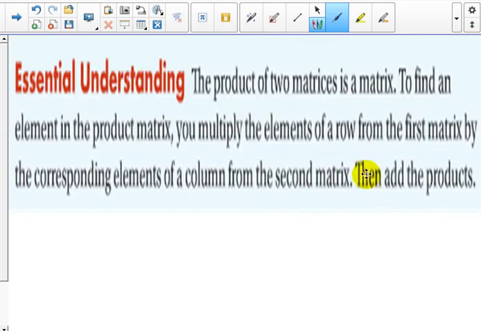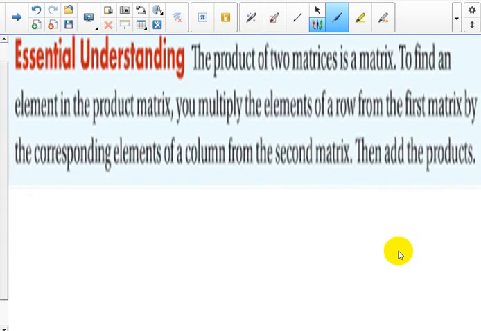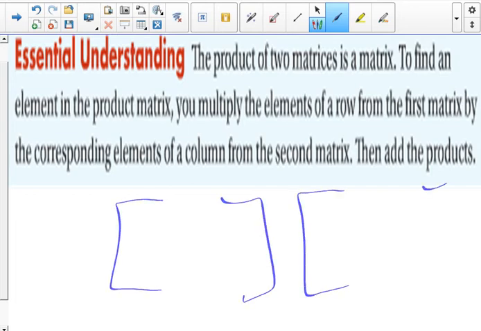All right, so now we're going to get into something a little more tricky. This is about multiplying matrices. When you multiply two matrices, we have to find them a little differently. You don't just multiply the corresponding elements. It doesn't work that way.